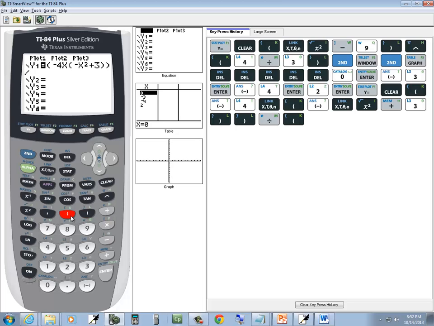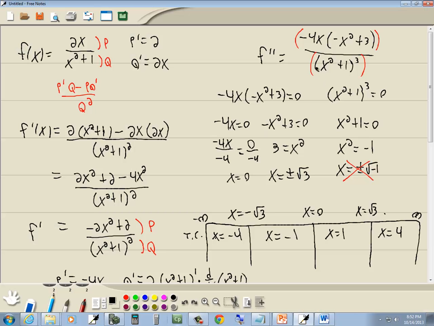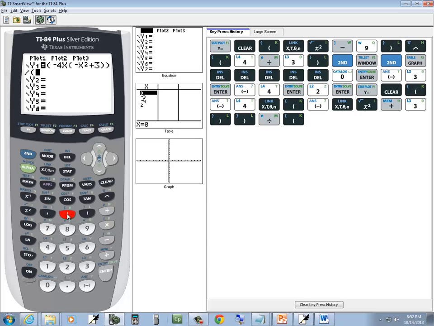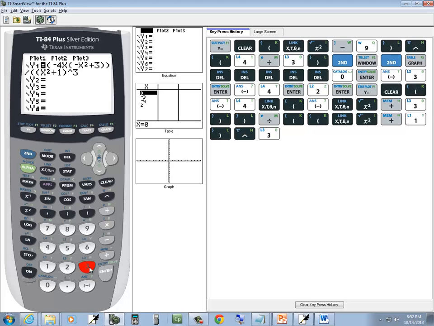Divided by, parentheses on the bottom. Then another beginning parentheses, x squared plus 1, close parentheses, caret 3. Now if you've got one of the newer TI-84s, you press your right arrow key to get out of the exponent at this point. But I'll do another closing parentheses.